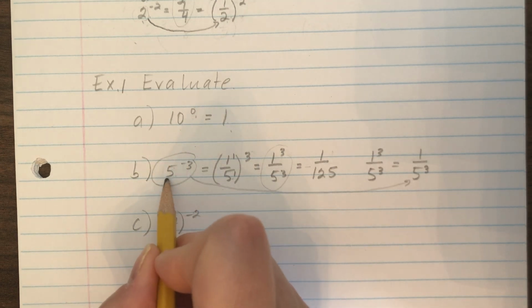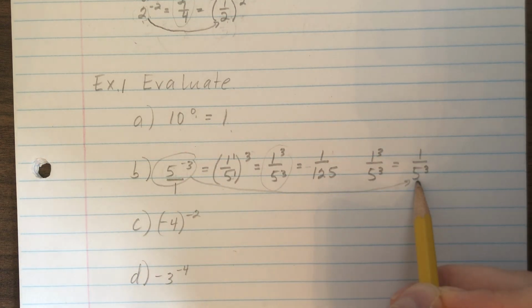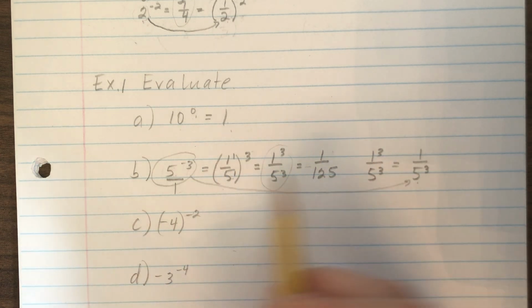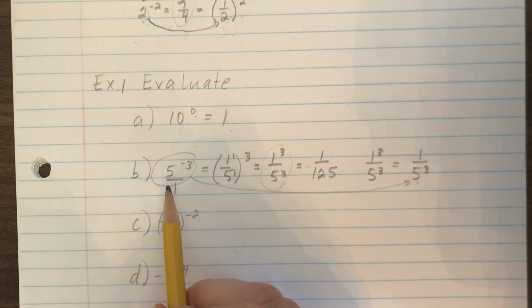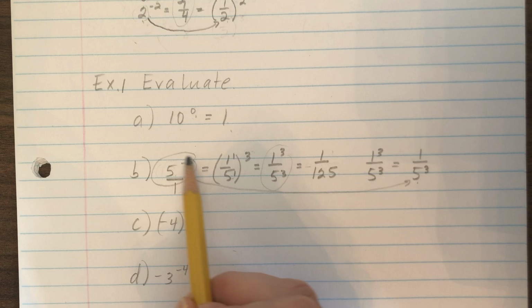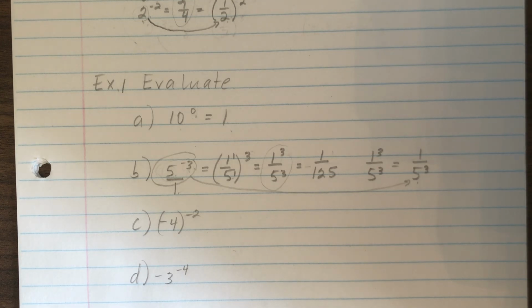So if this power is written as a fraction with a denominator of 1, you would simply take the reciprocal of that and change the exponent from a negative to a positive, while skipping the intermediate steps. So that can be done when your base is an integer or whole number. Okay, another way to think of it is that you're changing the position of the power in the fraction. So before it was in the numerator, now it's going to be in the denominator, and the exponent will be positive.